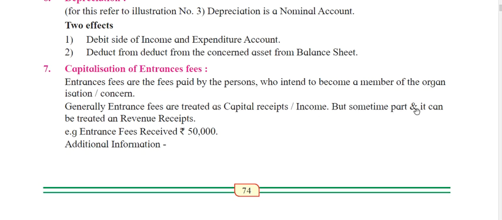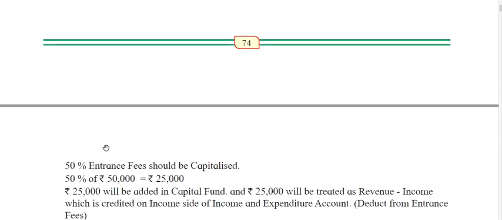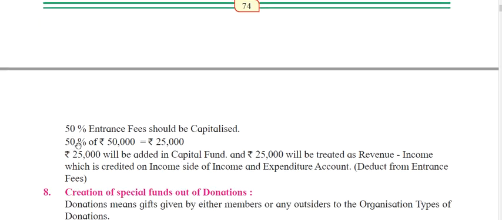But sometimes part of it can be treated as revenue receipts. Entrance fees received rupees 50,000, and additional information says 50% of entrance fee should be capitalized. 50% of rupees 50,000 is 25,000.